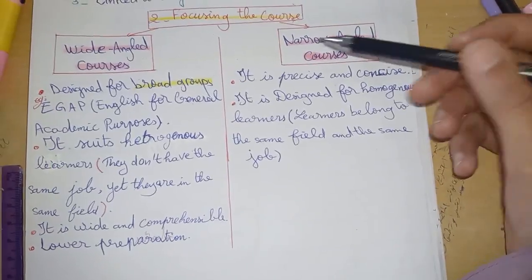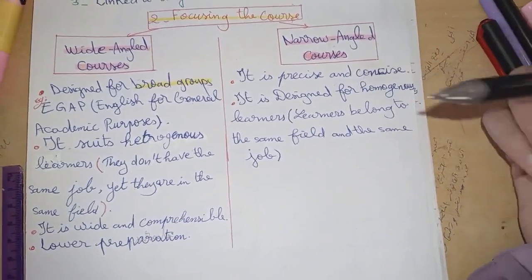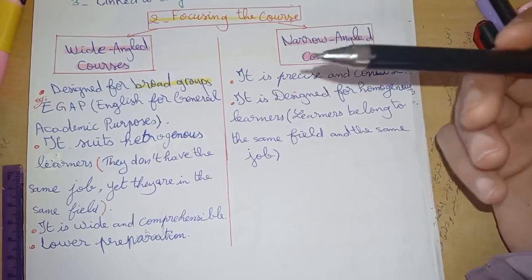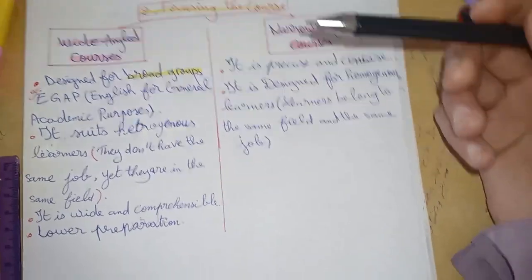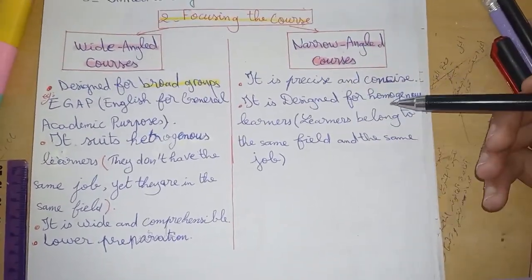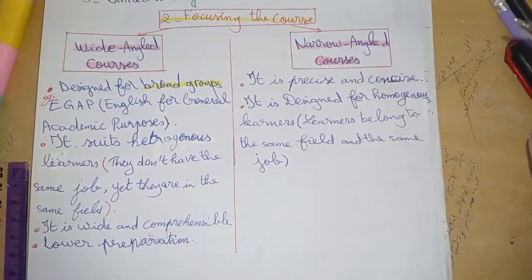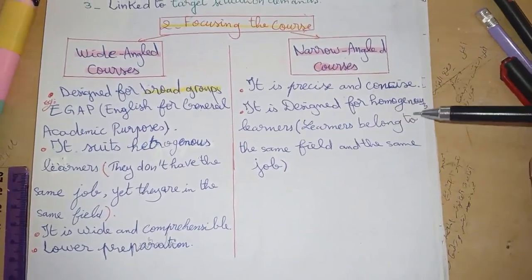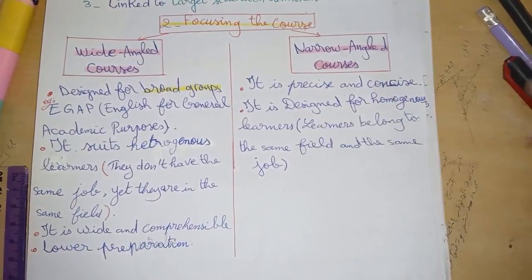In narrow-angled courses, it is precise and concise because even the goals, the target needs, are specific. Another one is that it is designed for homogeneous learners. We say homogeneous because the learners belong to the same field and the same job, for example all of them are doctors.